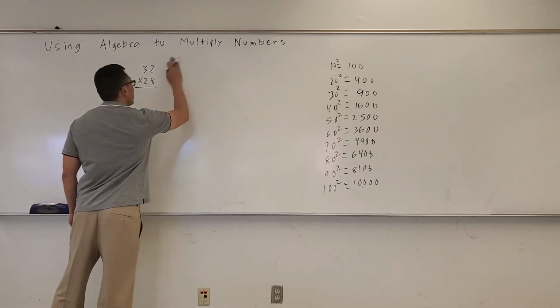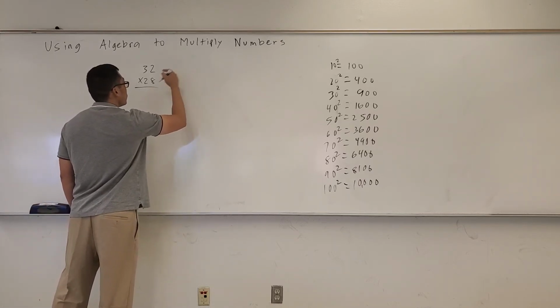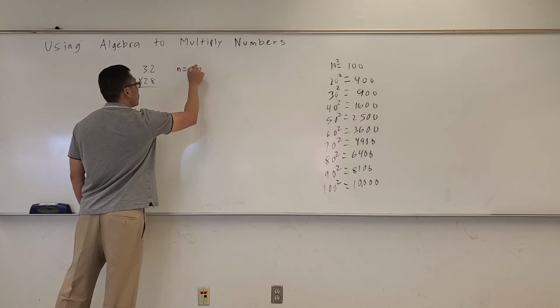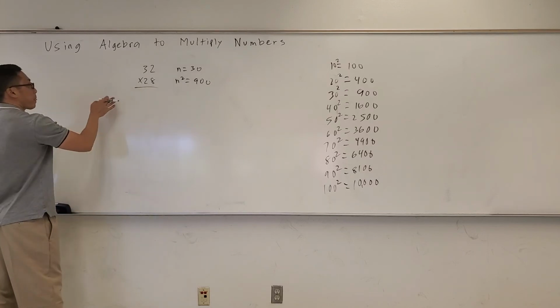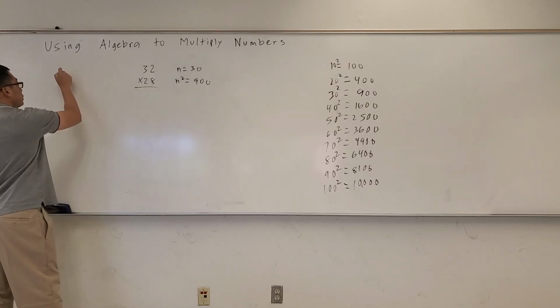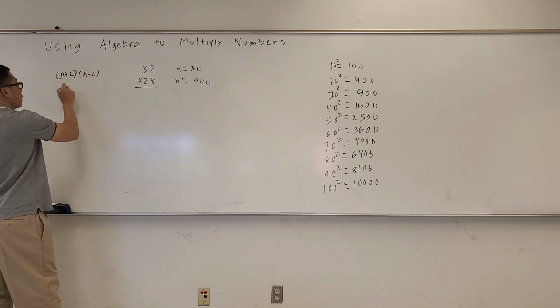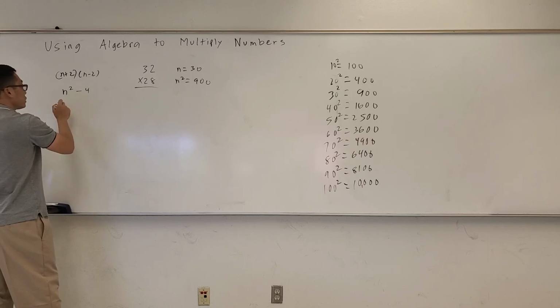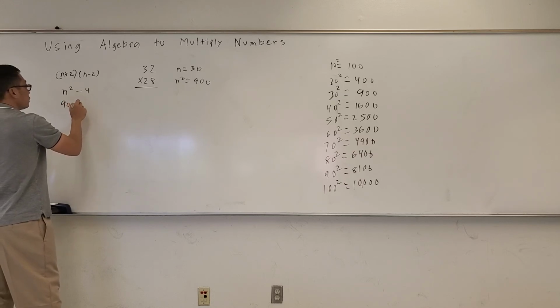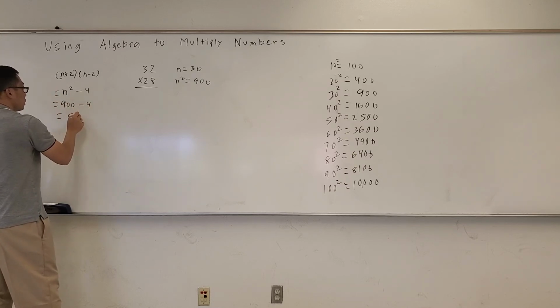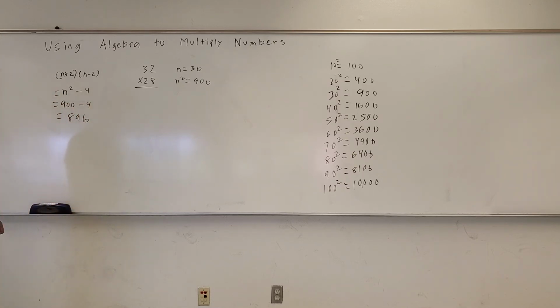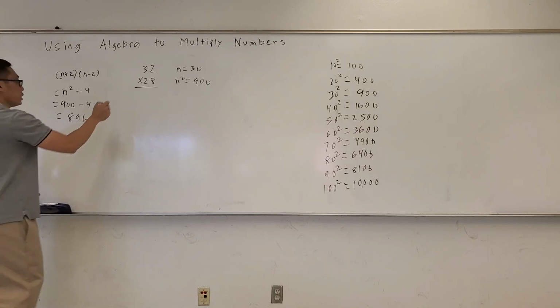So now, n is just the middle number, which is 30, and n squared is going to be 900, right? Now, I'll do the same. 32 is n plus 2, 28 is n minus 2, right? So this is going to be n squared minus 4. In this case, it's going to be 900 minus 4, which is going to be 896. That's how you do it. All right, so this is 896.